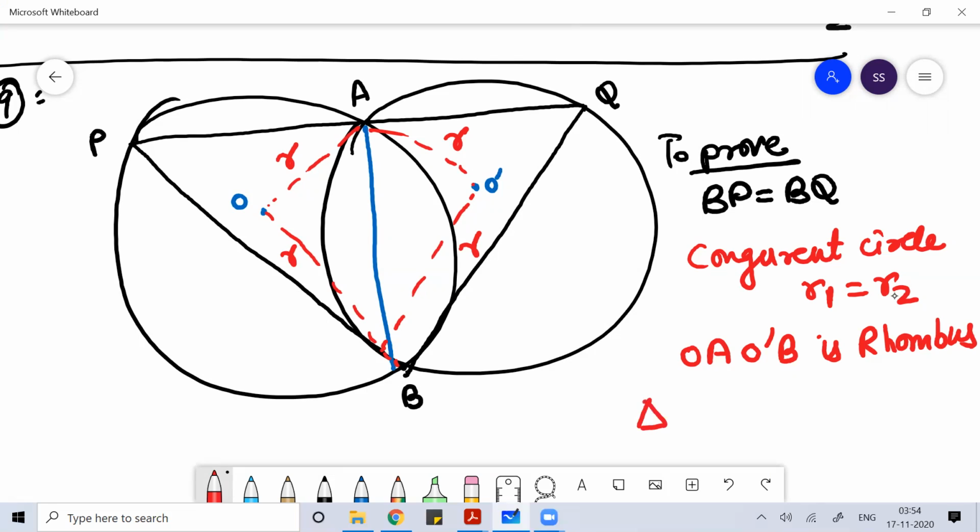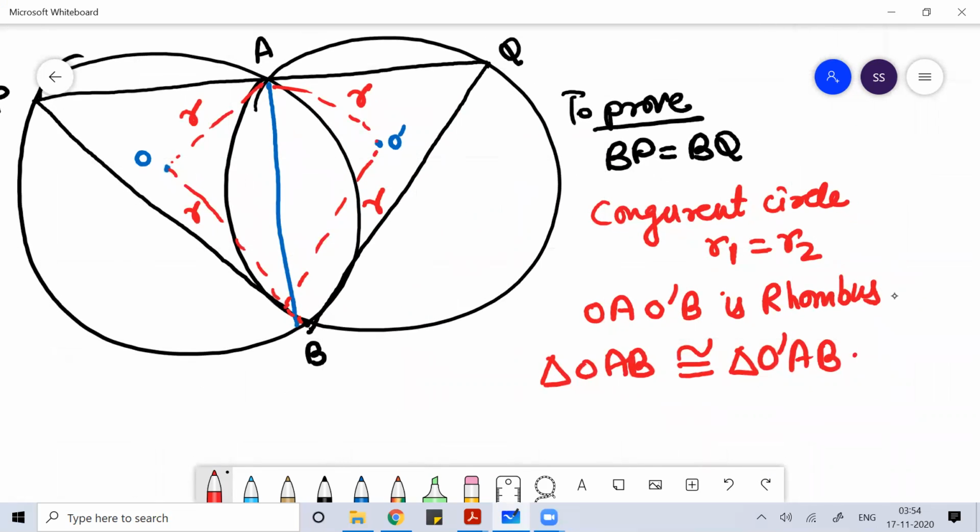So here triangle OAB will be congruent to triangle O dash AB, by SSS congruency.